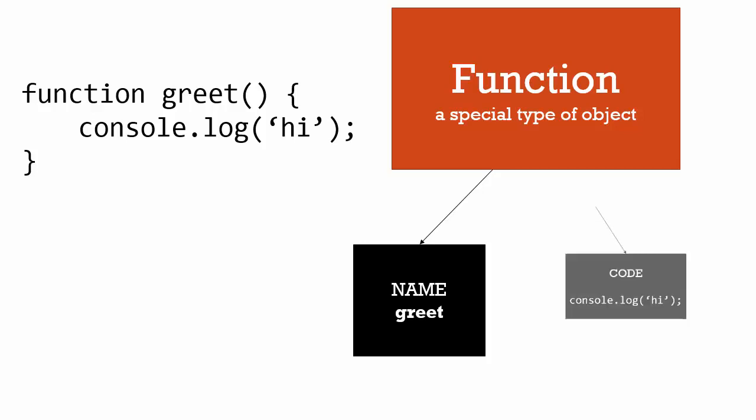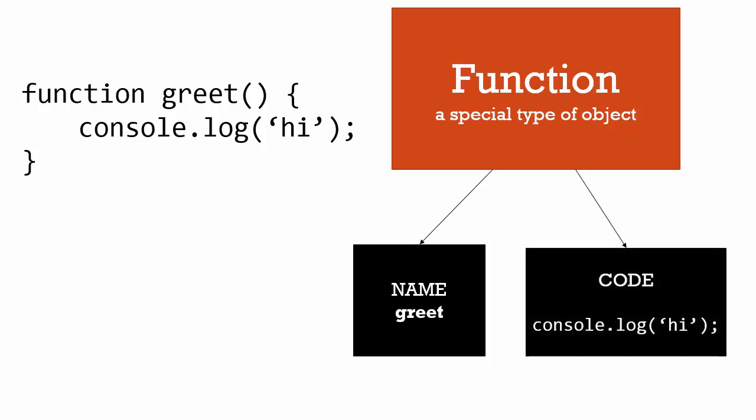And it has a code property that contains the code that I wrote, the body of my function. And so if I was to call greet using the parentheses, that invokes that code, causes it to run, causes that execution context to be created, etc., etc.